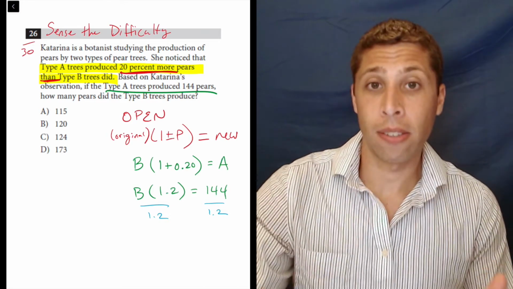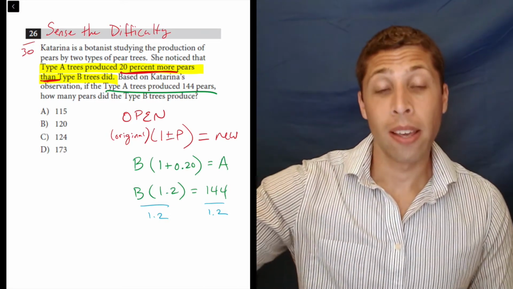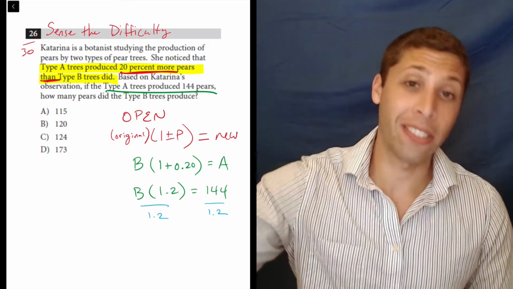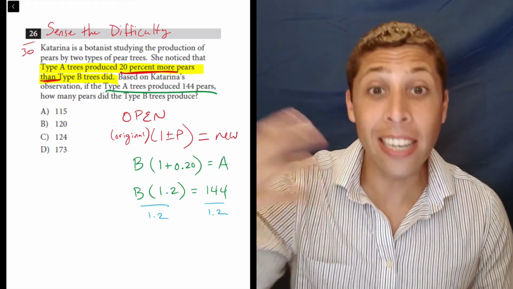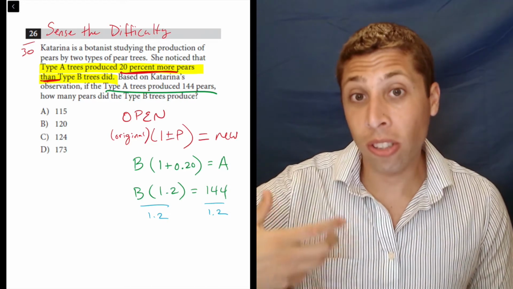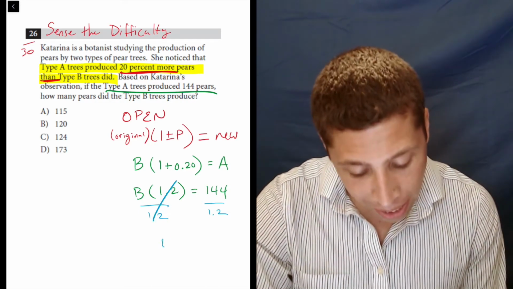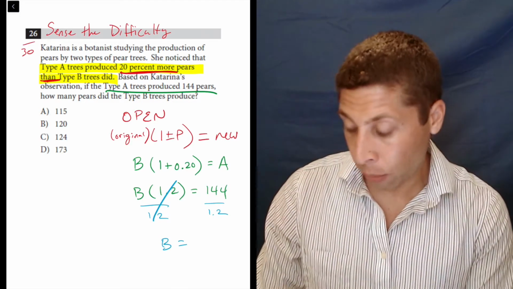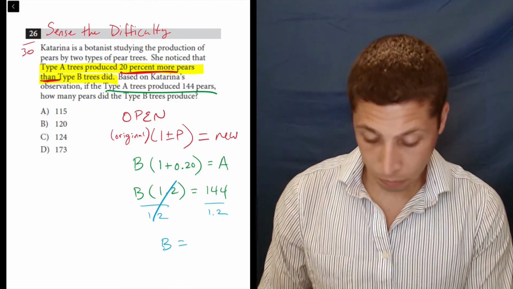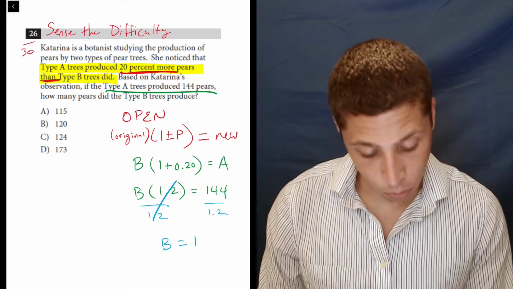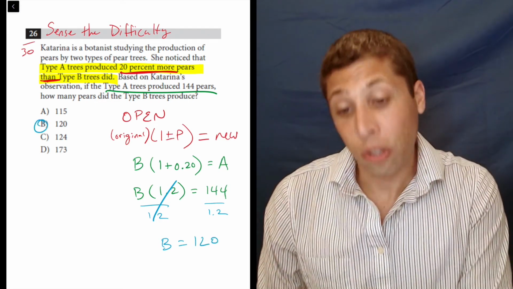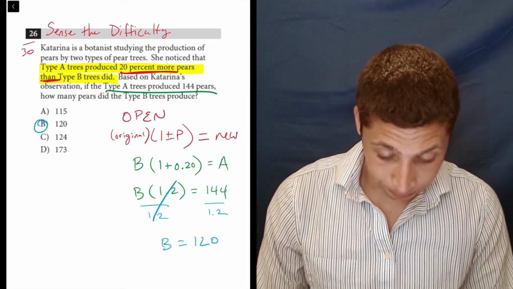The difference is that they didn't give us the thing that we're multiplying by, right? They didn't give us B. And so to solve the actual equation, we don't end up multiplying, we end up dividing, and we get 144 divided by 1.2, which is 120, which is B, which is the answer.